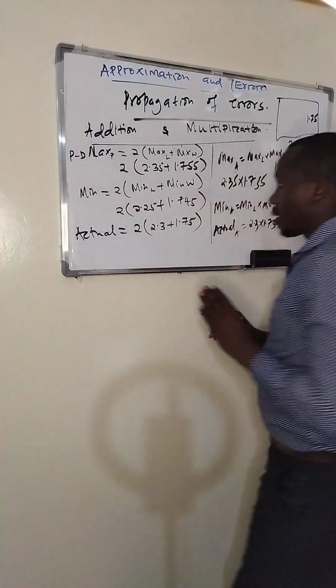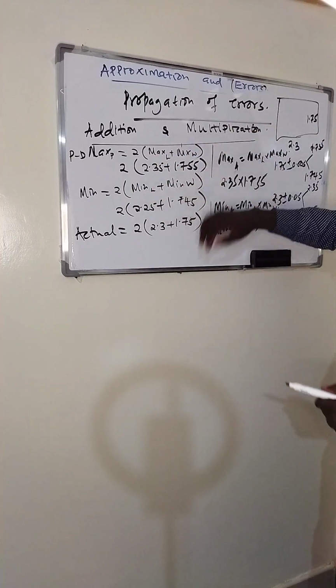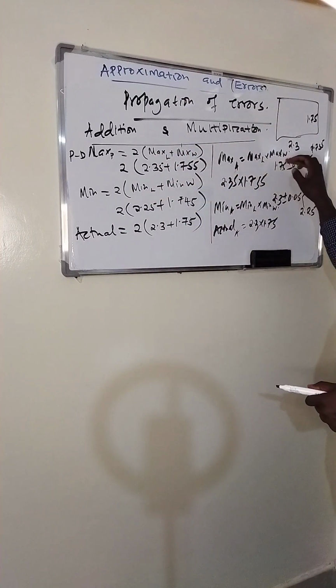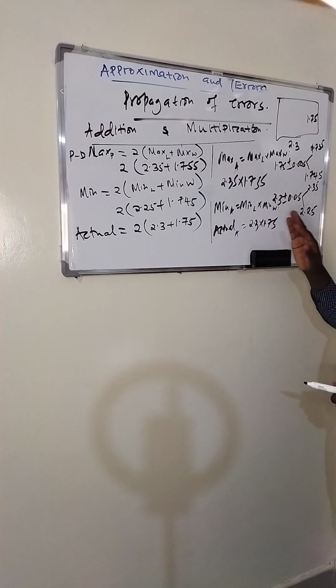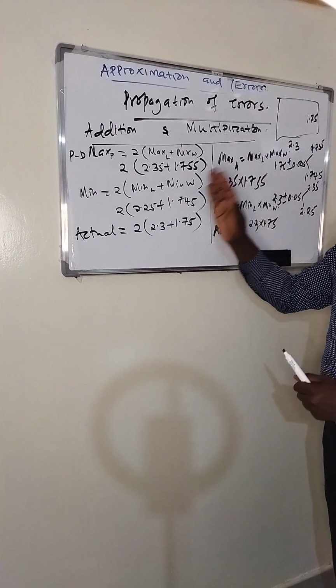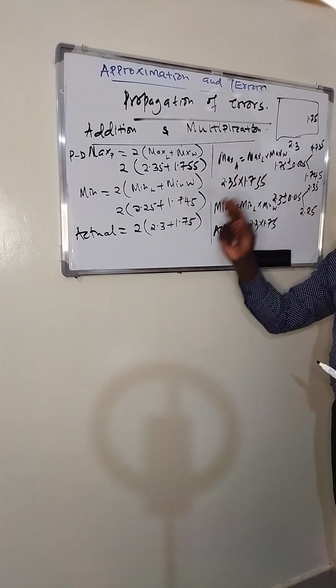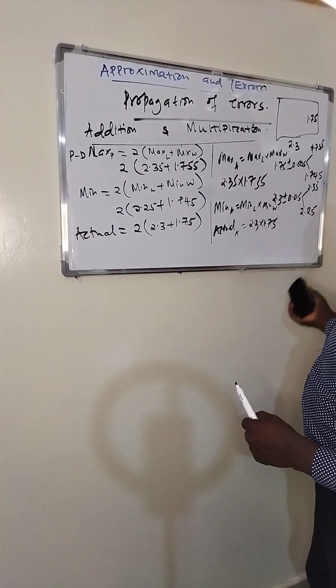But we are in multiplication and addition. So you take maximum, minimum, the actual. That is in addition and multiplication. Now we want to see the difference between addition and multiplication versus division and subtraction.